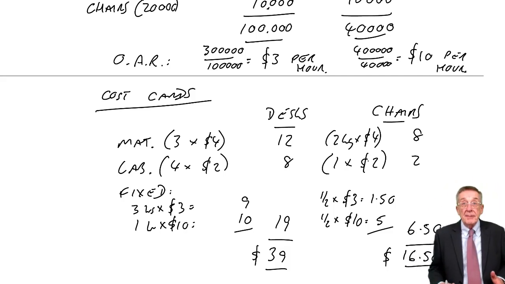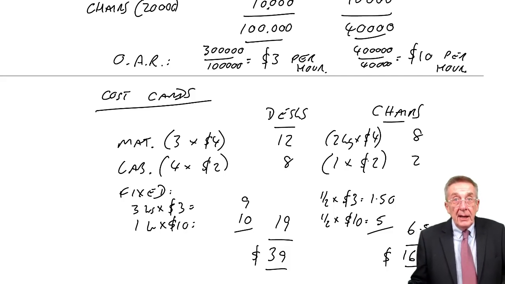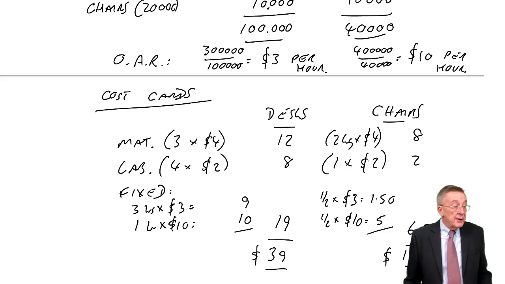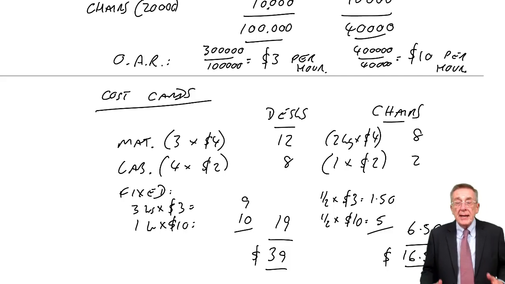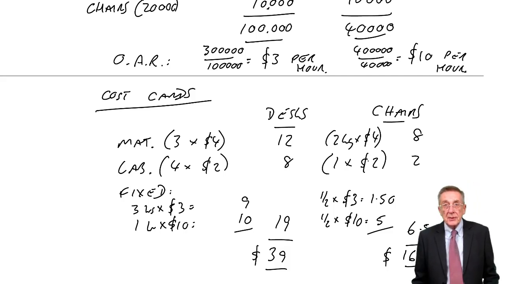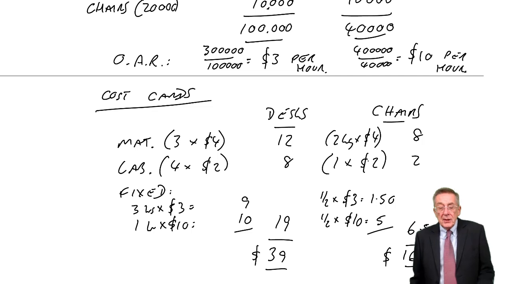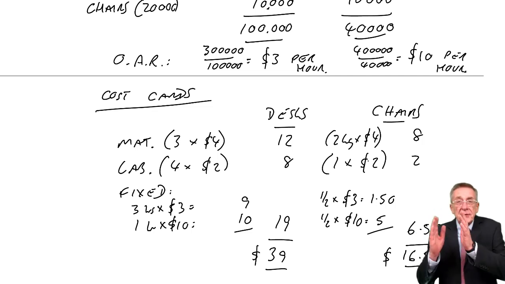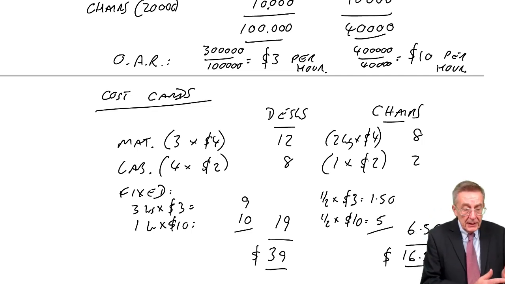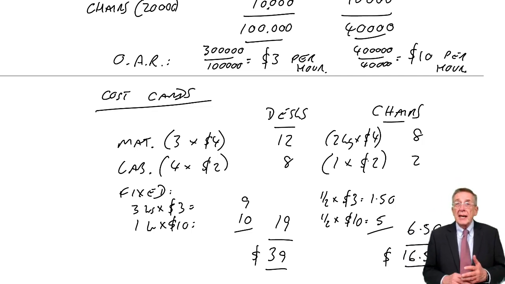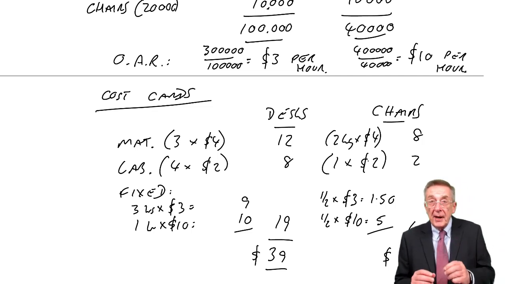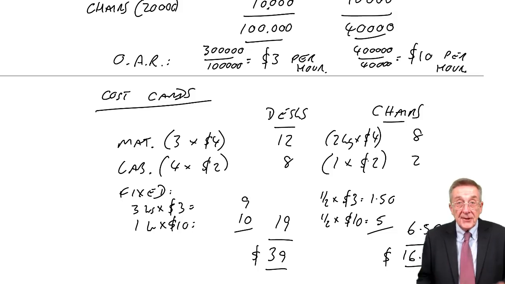And surely that is fairer. I've said several times already, there are no rules for management accountants. We do what we think is most sensible, most useful. But do see what's happened here, that if we've several departments, it makes sense, if we can, to work out an absorption rate, a cost per hour for each department separately.